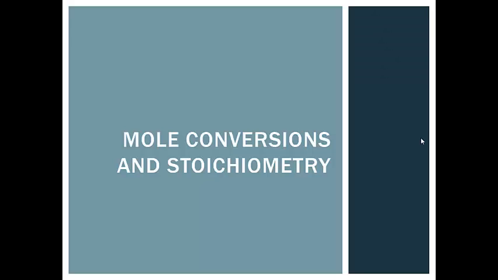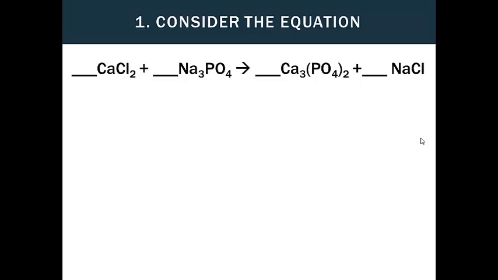Now let's look at some mole conversions and stoichiometry. First, consider this equation. In stoichiometry, you always need a balanced equation. This equation is obviously not balanced, so let's do it. First we have calcium, then chloride, sodium, and then PO4.